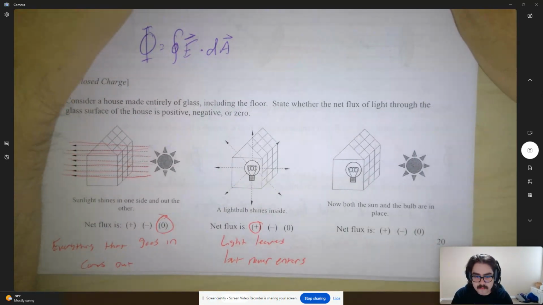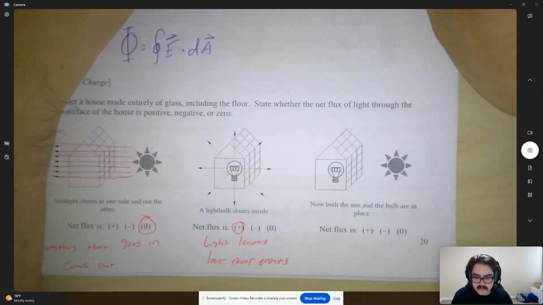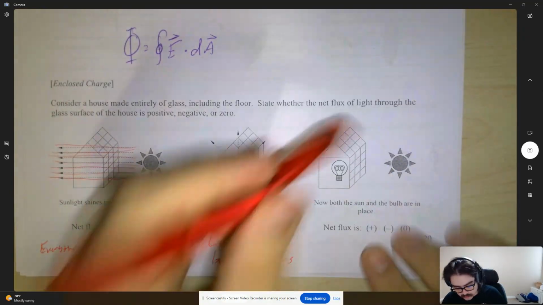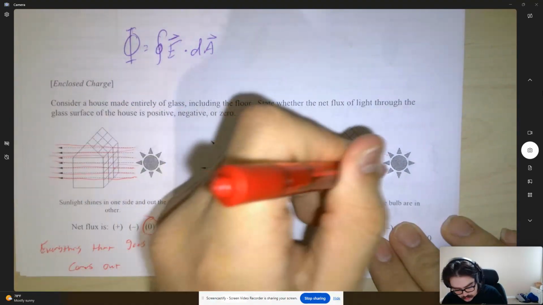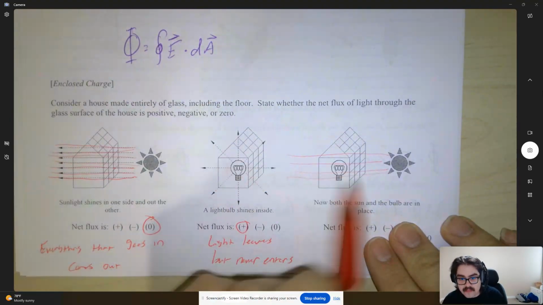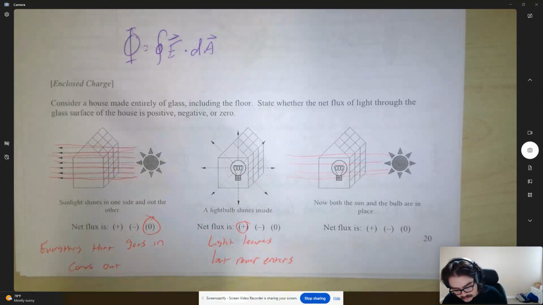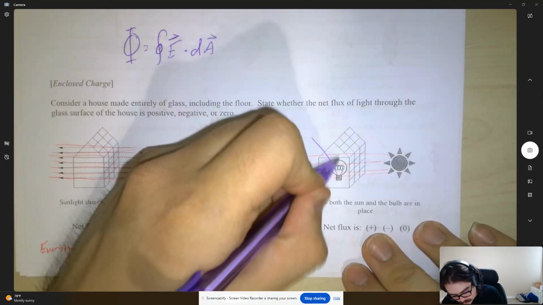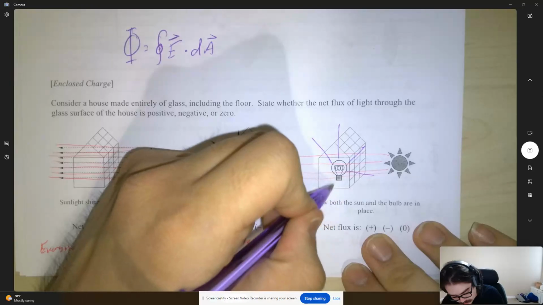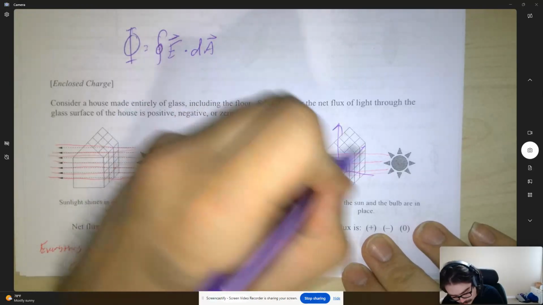And then if the sun and the bulb are both in place, well, we've already clarified that the sun is going to shoot its rays through the house, and that is a net flux of zero, but the light bulb is going to emit its rays going out of the house.